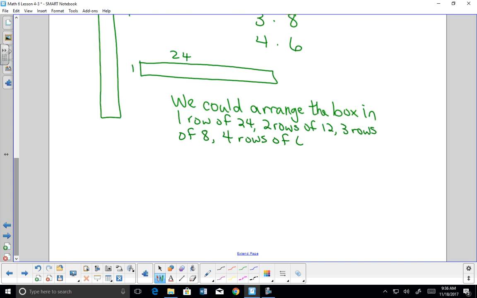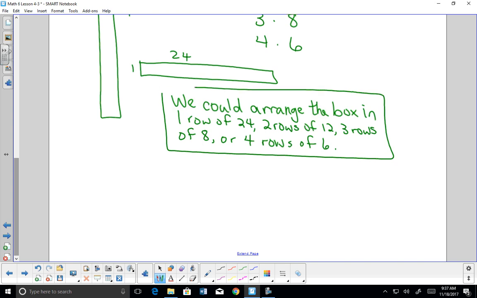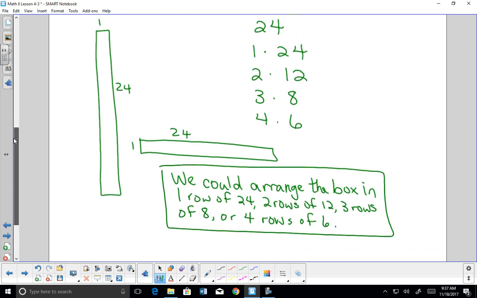Okay, I should write that properly in English. 1 row of 24, 2 rows of 12, 3 rows of 8, or 4 rows of 6. Okay. Since it was a word problem, we need to write the answer in a complete sentence. And this all follows just us factoring how many different ways can we arrange 24.